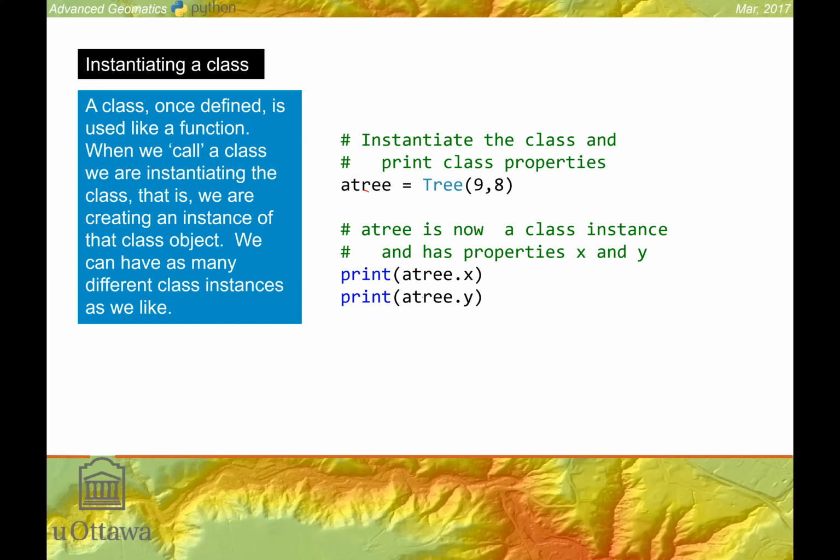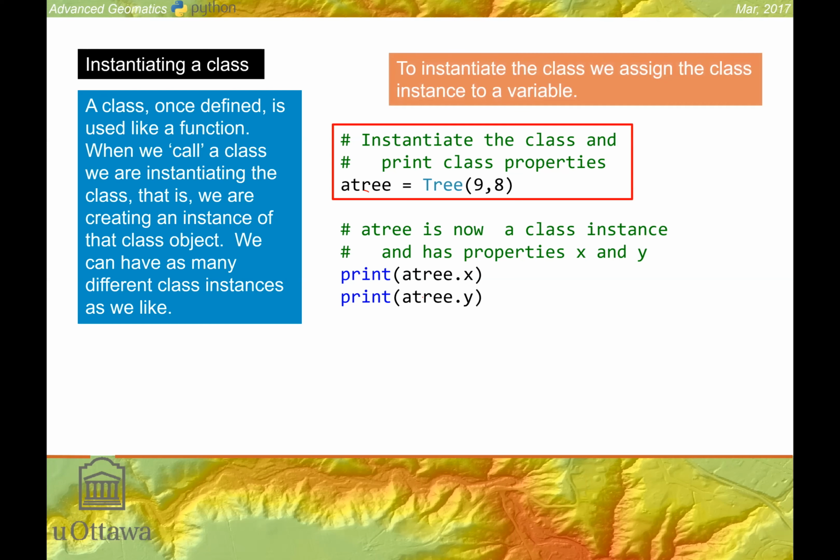So we instantiated a class like we did here, and then we could look at the attributes. Instantiating means making an instance, and that instance is different from every other instance of a tree. I could make multiple trees, and none of the tree instances talk to each other.